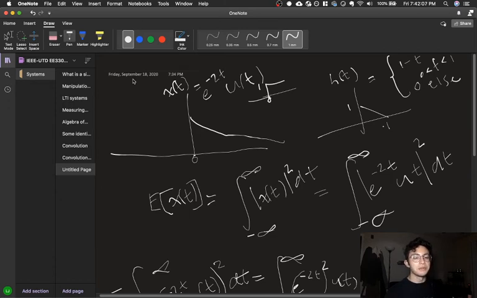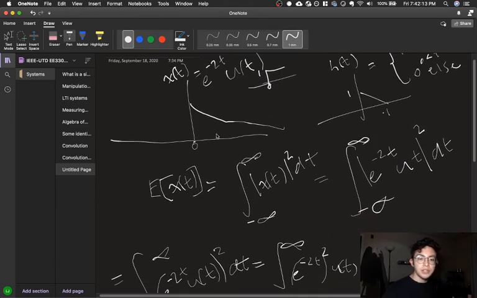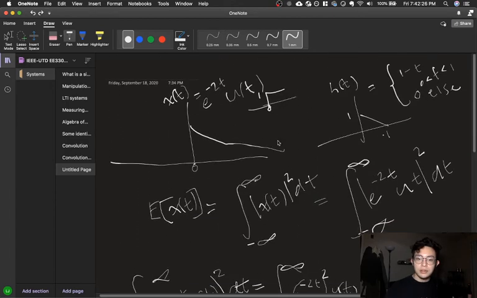The average power of this would be 0, or the average energy, I guess. Just because there's all of this 0 over here, and if we take the average of a bunch of zeros, it'll go to 0 eventually.